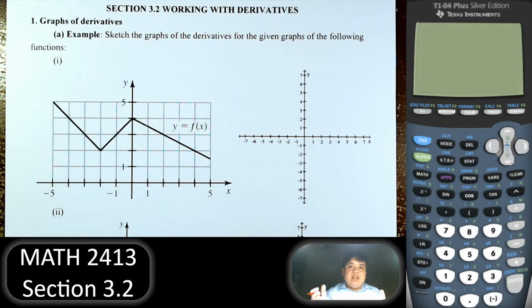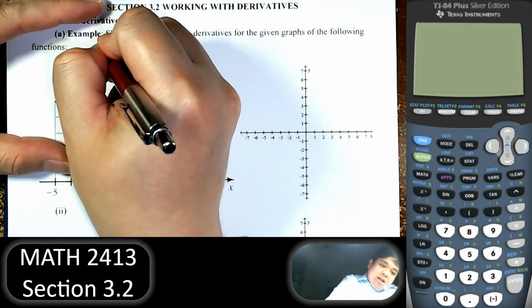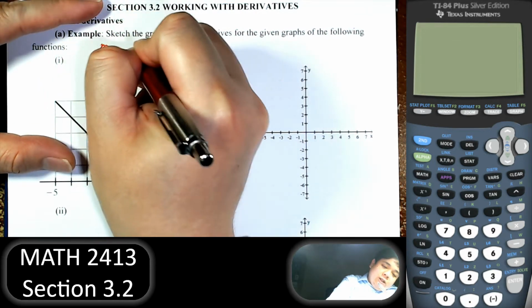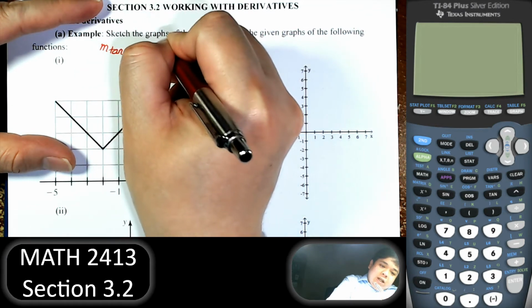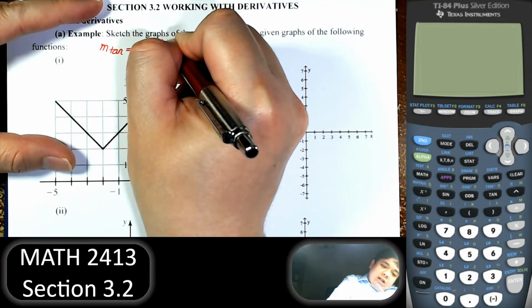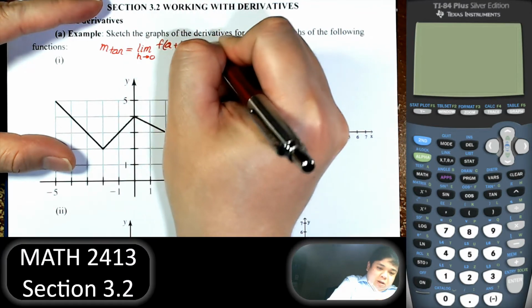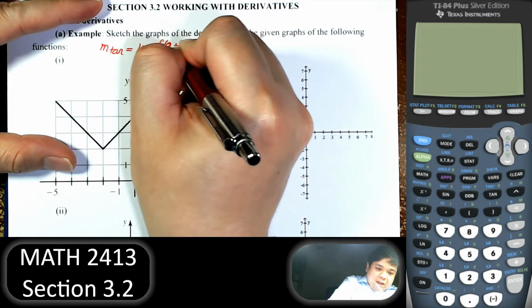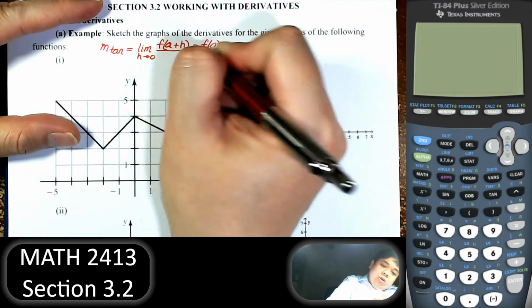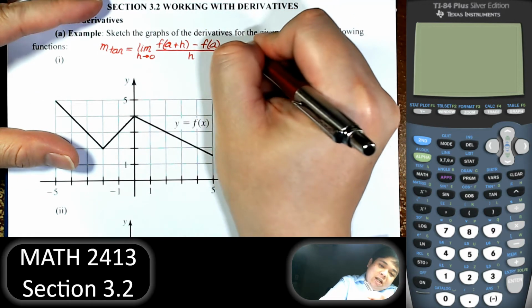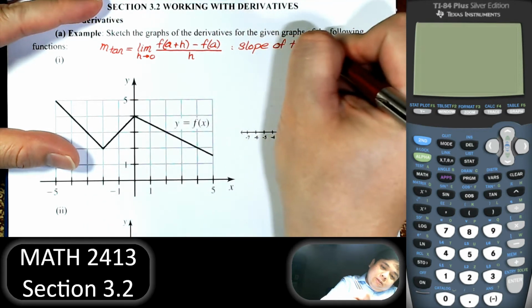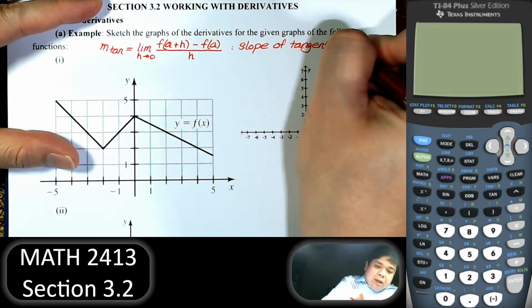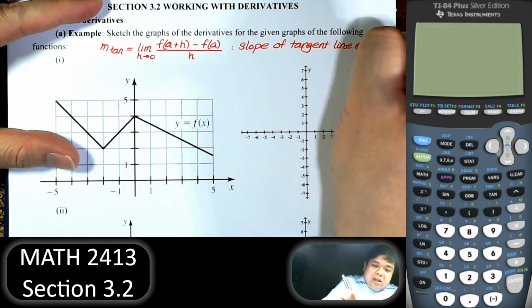The previous section, let's just review: the slope of the tangent line at the point x equal to a is f of a plus h, minus f of a, over h.